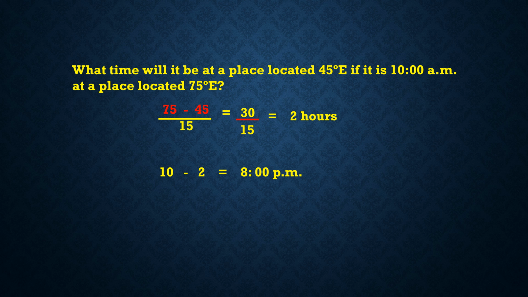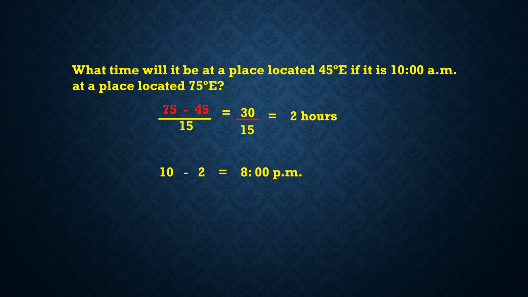Therefore, we have to subtract in order to get the time that we're looking for. So even though both places are located east of Greenwich, you must keep in mind that since one of these places is located west in relation to the other, we have to subtract.